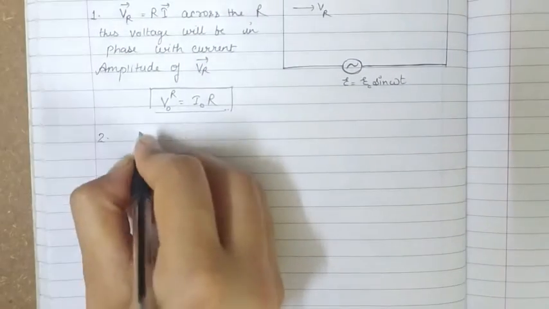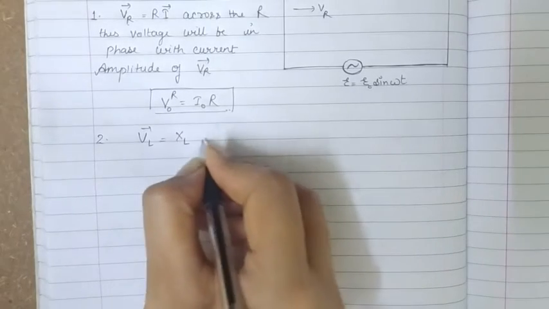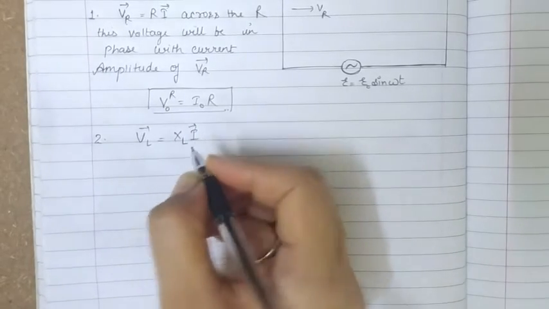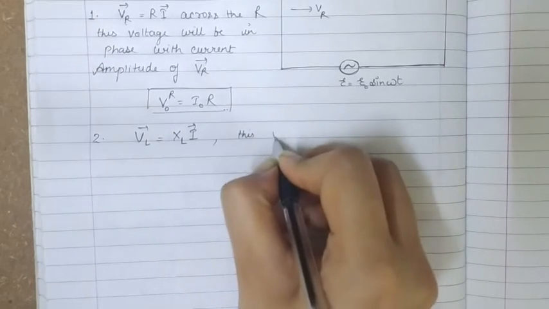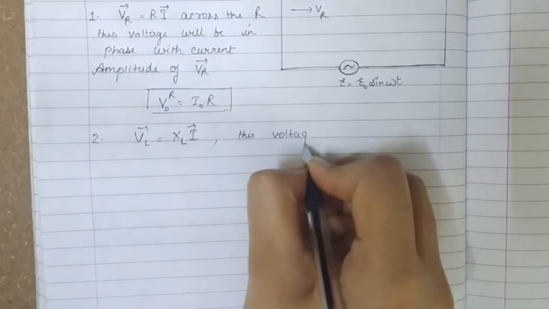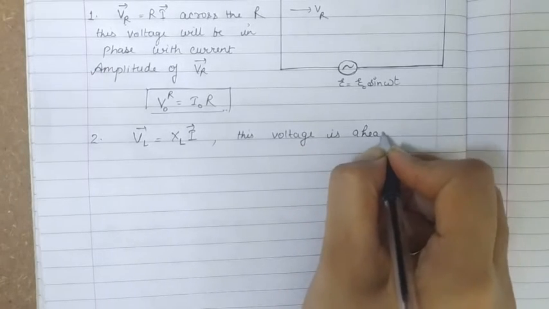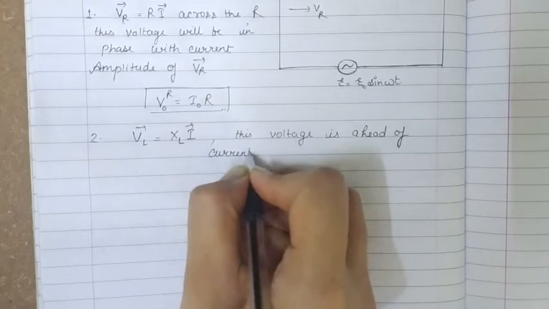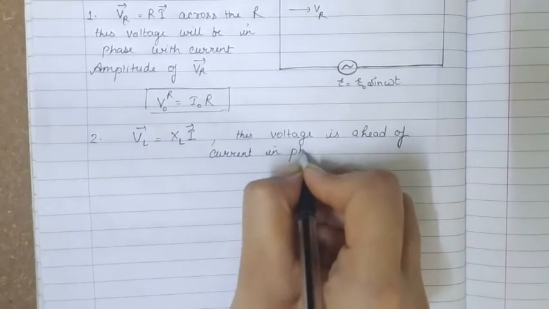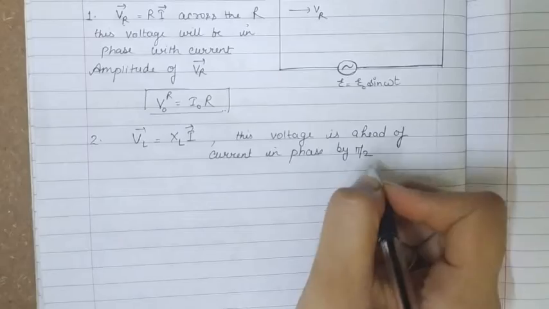Now moving to the second circuit element, that is inductor. For inductor, voltage VL vector is equal to XL, the reactance of inductor, times I vector. This voltage across the inductor is ahead of current in phase by pi by 2 radians.